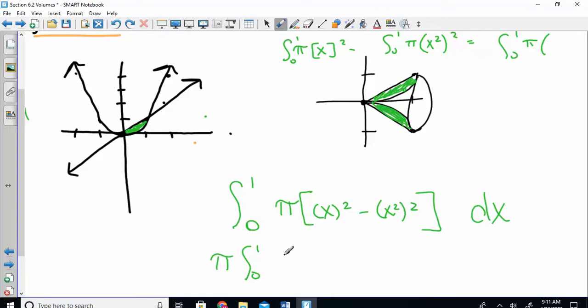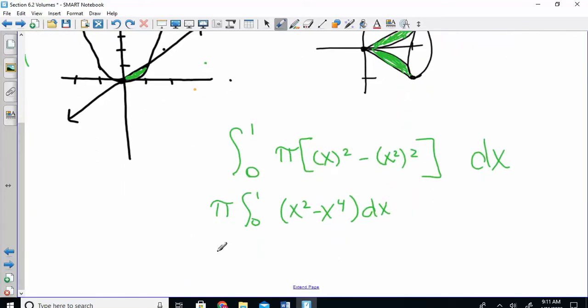So if we want to evaluate, we could take out the pi. X squared minus x squared squared would be x to the 4th. When we integrate, the antiderivative of x squared, add 1 to the power, so you need a 1/3 in front. Antiderivative of x to the 4th, add 1, so we get a 1/5 in front.